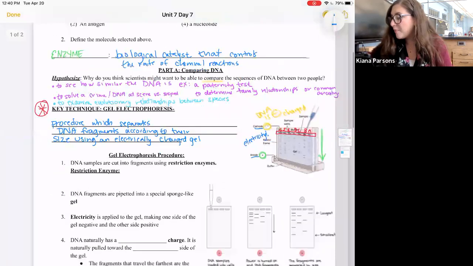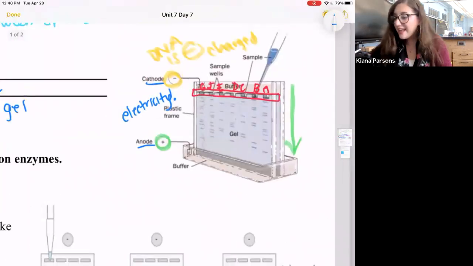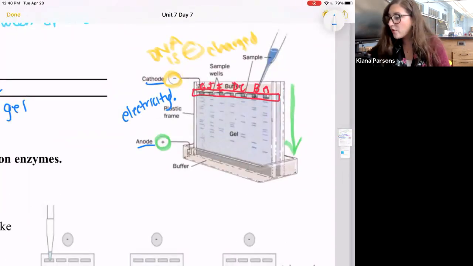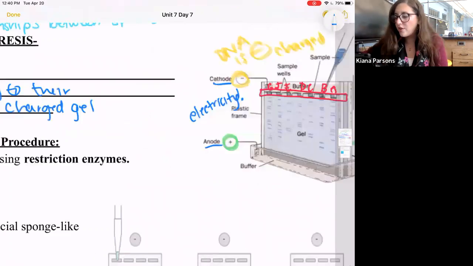So the DNA samples are placed on the negative end in the sample wells, and then they travel from negative to positive. And we're going to talk about exactly how they travel here.